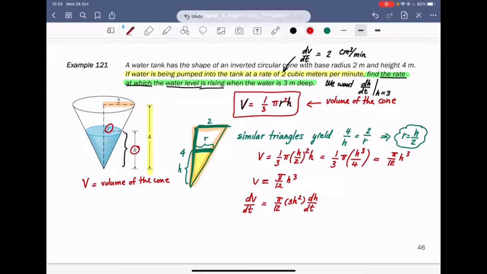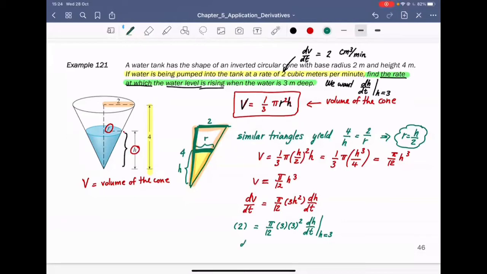You can plug in dV/dt to be 2, and you can plug in h to be 3. And what you need is dh/dt at h equals 3. You plug in everything you want.